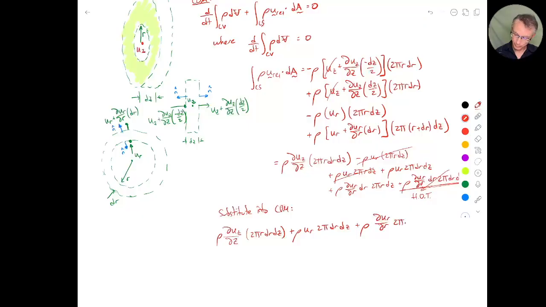Okay, I'm to that point now, so let's go ahead and try to reduce this further. What you'll see is that in each one of these terms we have a dr dz, dr dz, dr dz. We also have a 2 pi term in all of these and a rho term. So we can divide through by all of those because in general those aren't going to be 0.